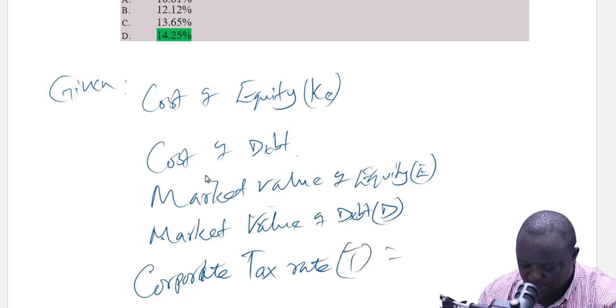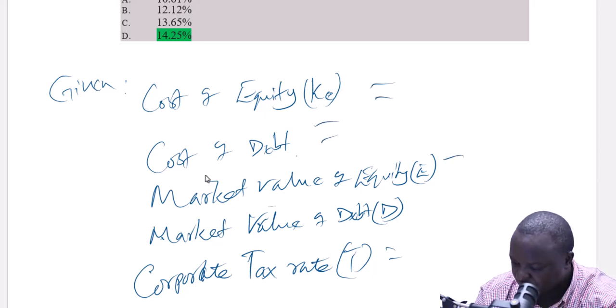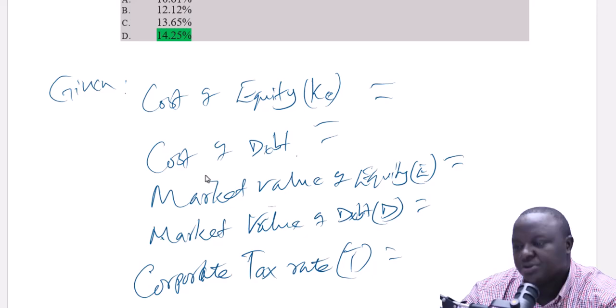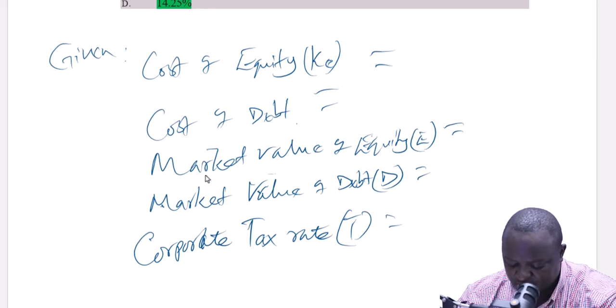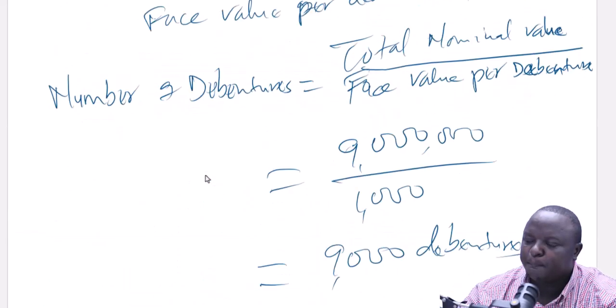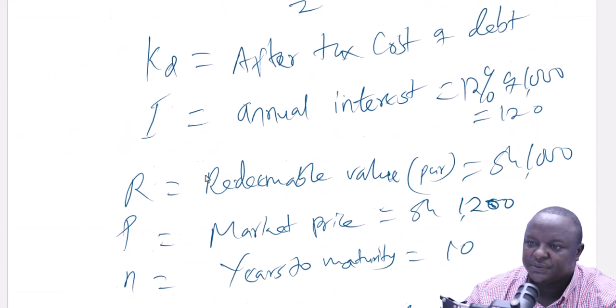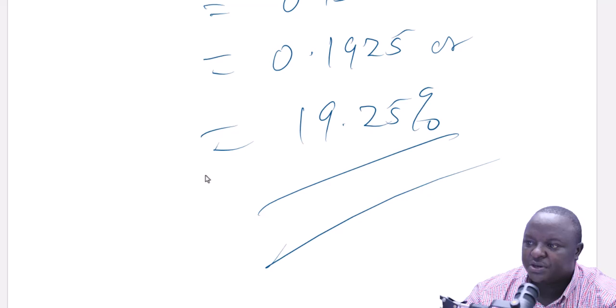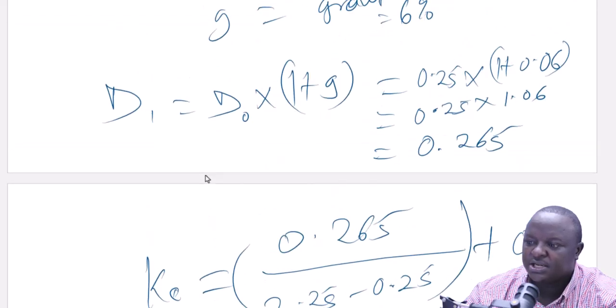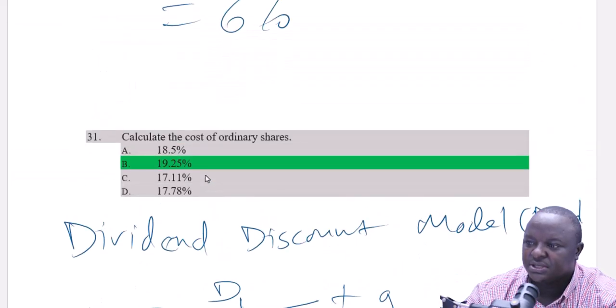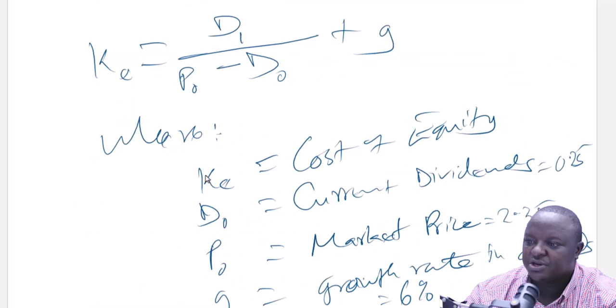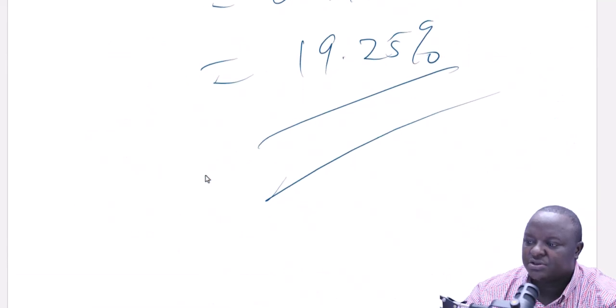And all that. So in terms of calculating the cost of equity, because we have already done the calculations, if you check on question number 31, we calculated the cost of equity. We were asked to calculate the cost of ordinary shares. We got the cost of equity to be 19.25%.